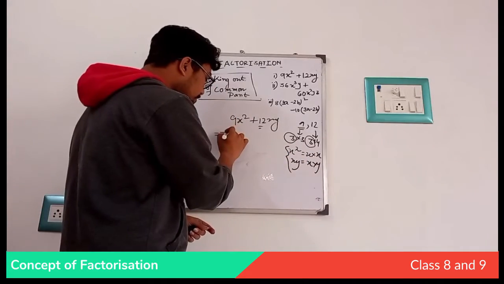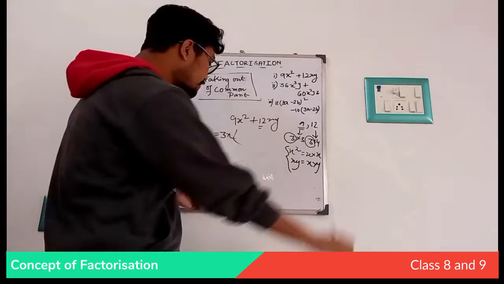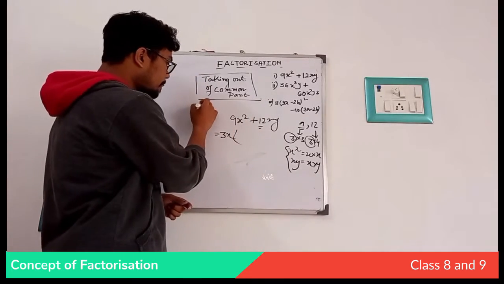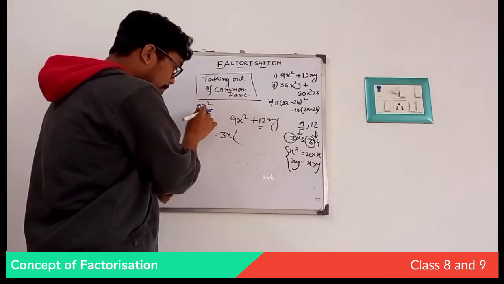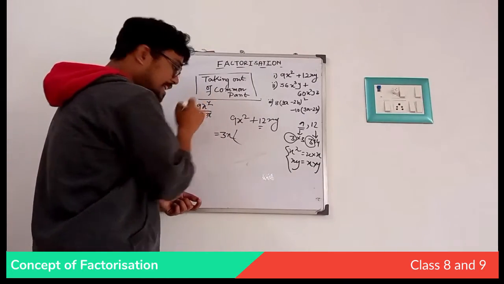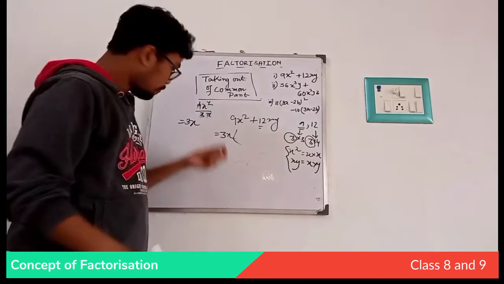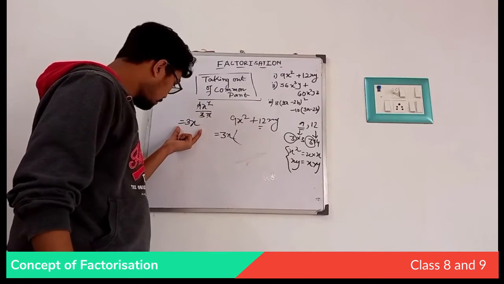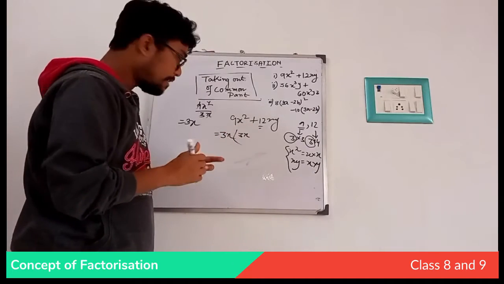So if we take out this common 3x, what is the remaining part in 9x square? If I divide 9x square by 3x, what will we get? X cancels out, 3 cancels out, we have remaining 3x.